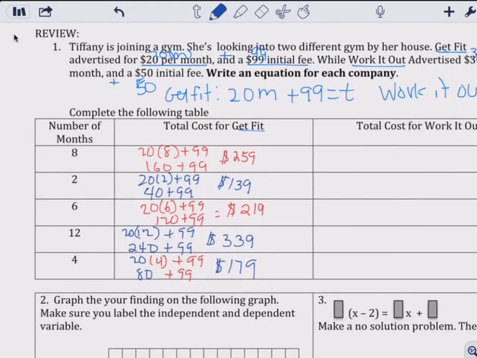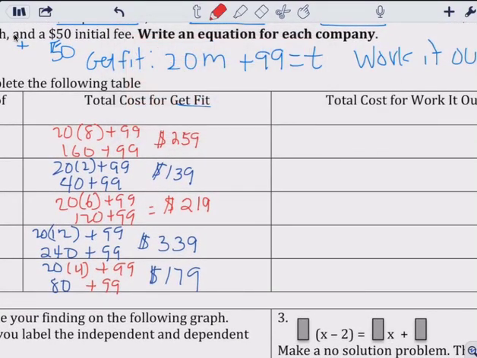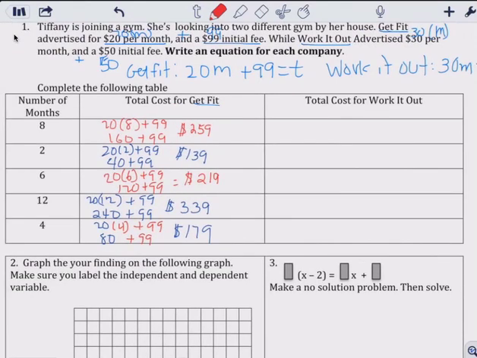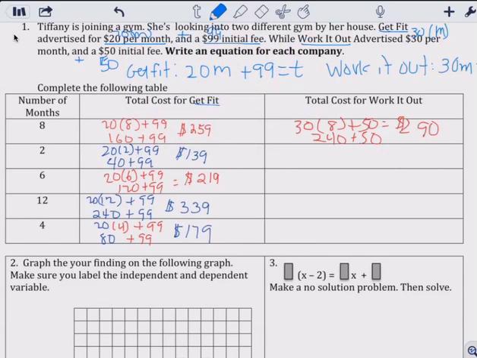Okay. Now, Work It Out. Work It Out is 30 times the number of months plus 50 equals the total cost. That's 240 plus 50 is 290. So at 8 months, Get Fit is cheaper. Let's see. At 2 months, who's cheaper? 30 times 2 plus 50.